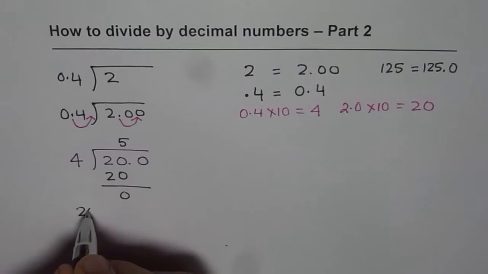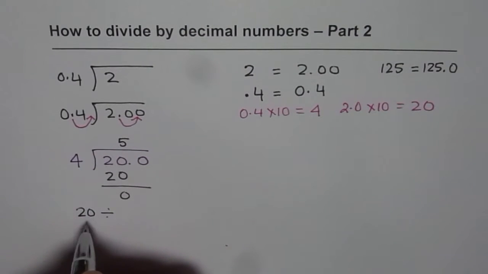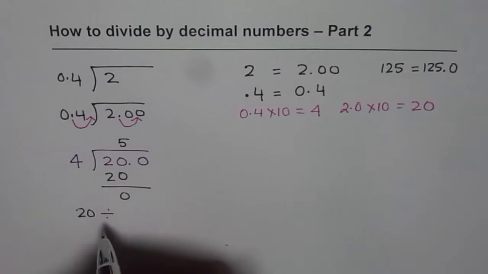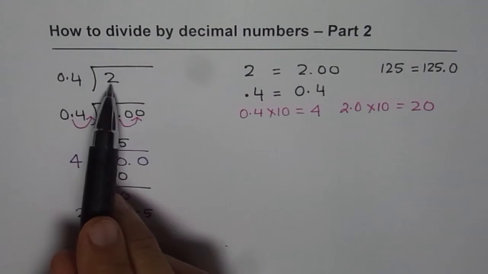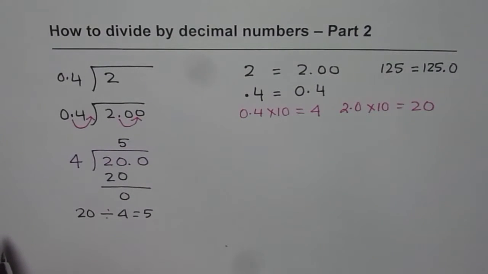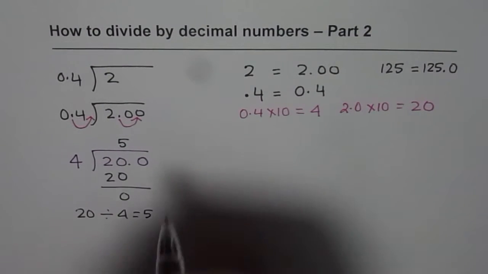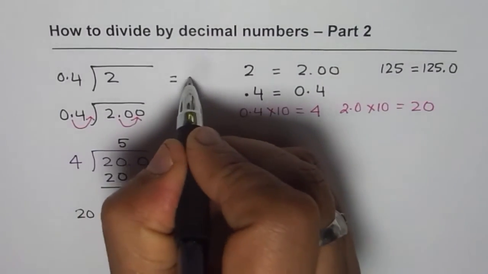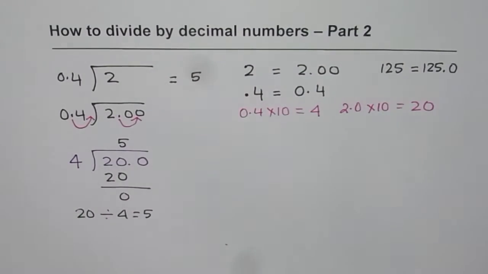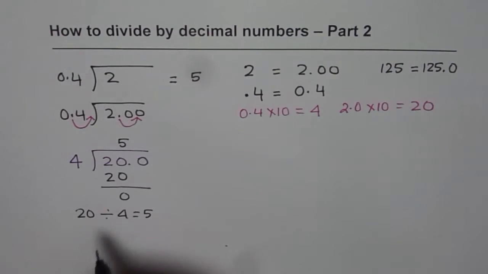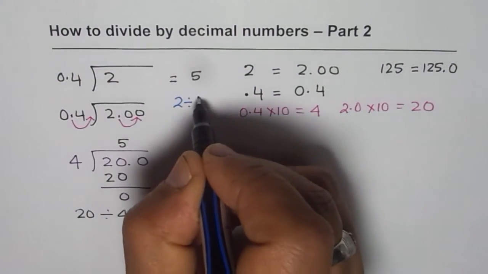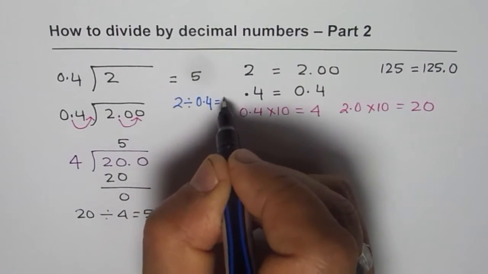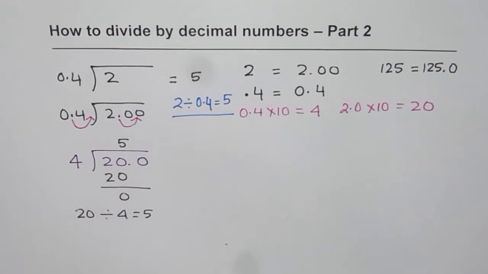We can write 20 divided by 4 is 5, that is fine, but we start with 2 divided by 0.4, correct? So I should write here, 2 divided by 0.4 is equal to 5, right? So that is how it is.